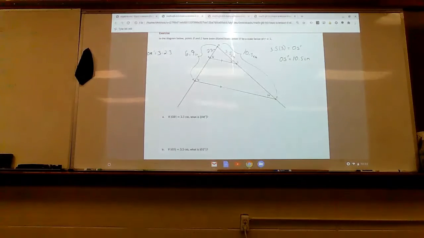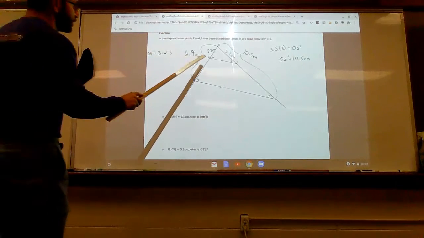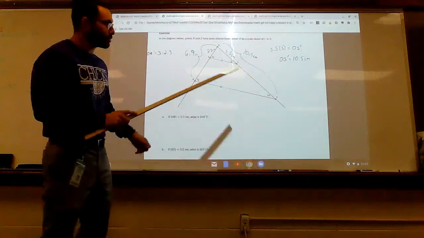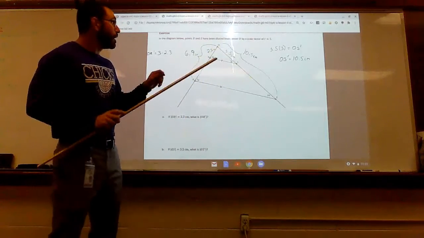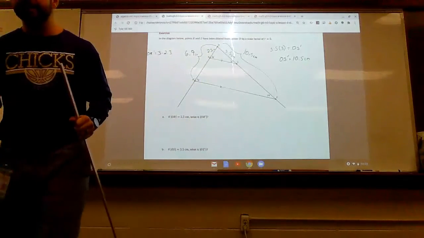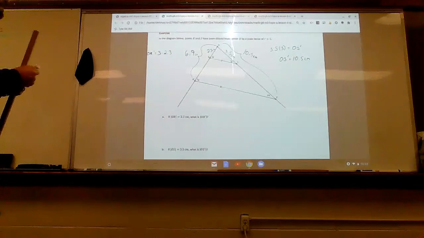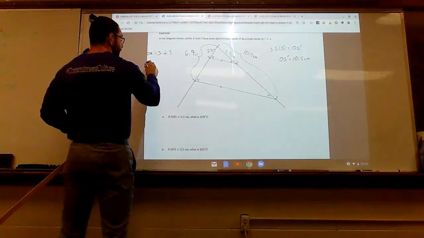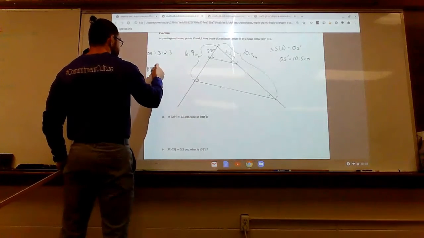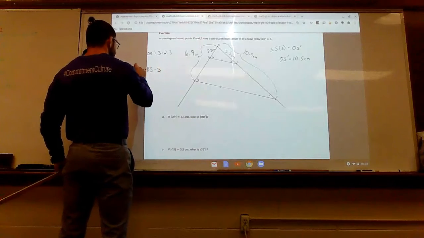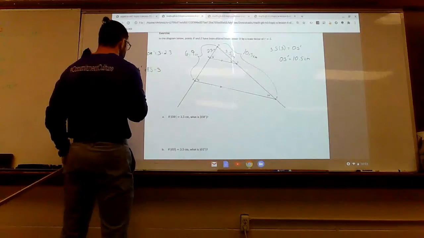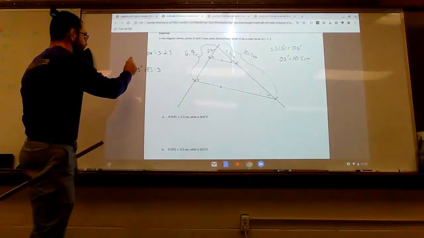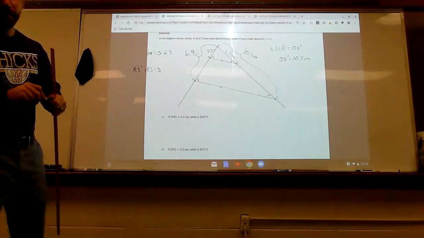But the fundamental theorem of similarity says not only will RS and R prime S prime have to be parallel, but they'll have to follow the same scale factor. So immediately, I should say that RS times 3 should equal R prime S prime. How can I prove that?